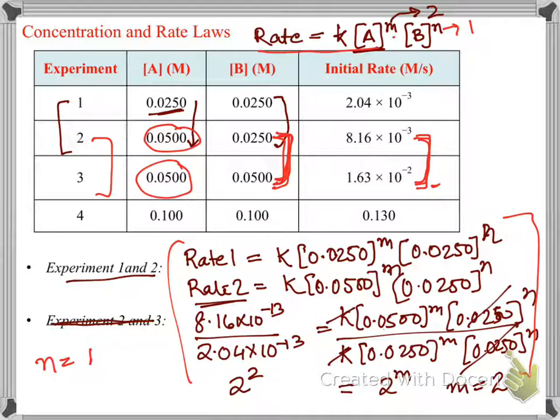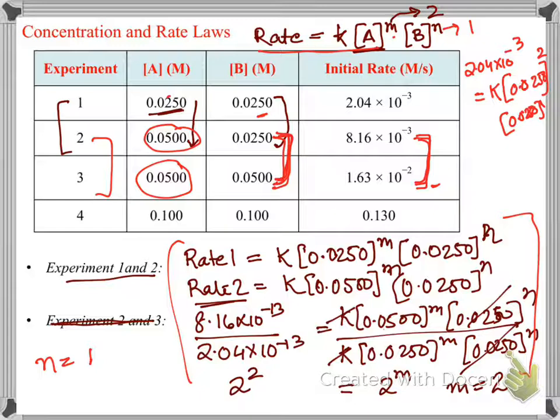For experiment number 1, the rate is 2.04 times 10 to the negative third equals k times the concentration of A, 0.0250 raised to the power 2, times the concentration of B, 0.0250 raised to the power 1, because n is 1.